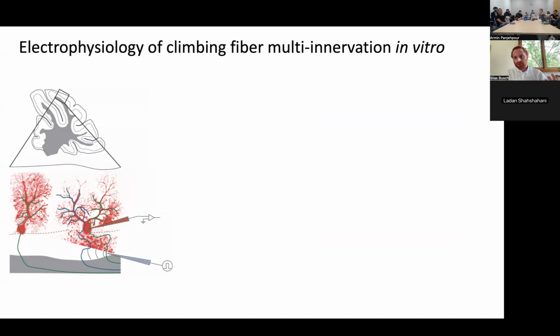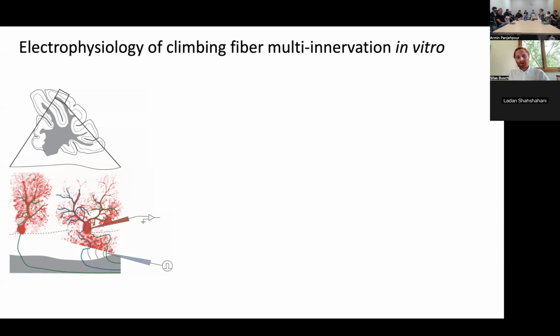So unfortunately, no. It is likely that they are originating from similar parts of the olive, because we know that adjacent cells within the olive tend to project to similar areas within the cerebellar cortex. But I'm also telling you a story that defies some of what we understand classically about cerebellar anatomy. So I'm also a little hesitant to give you a strong claim that way either.